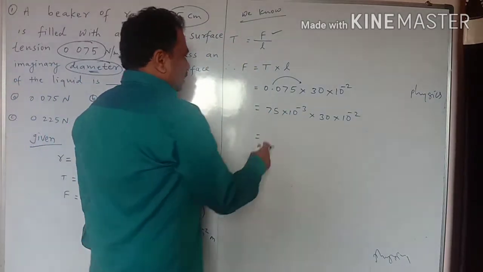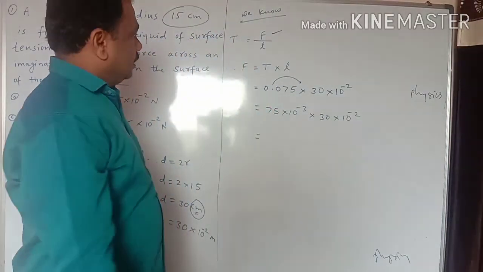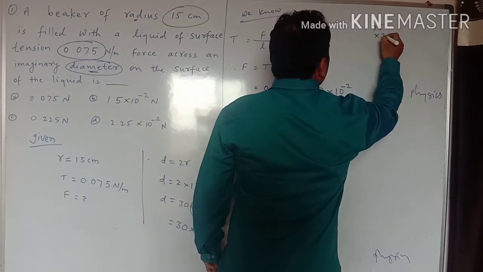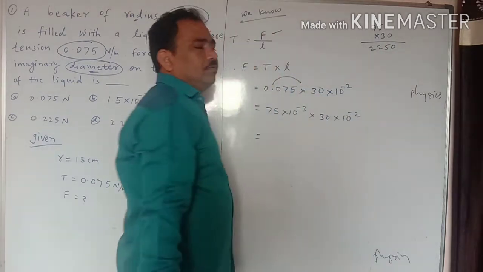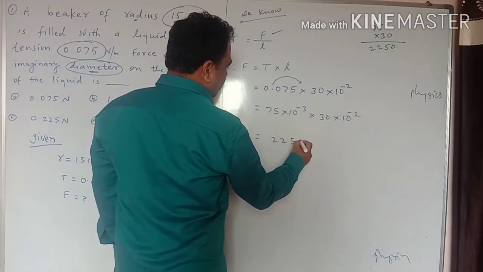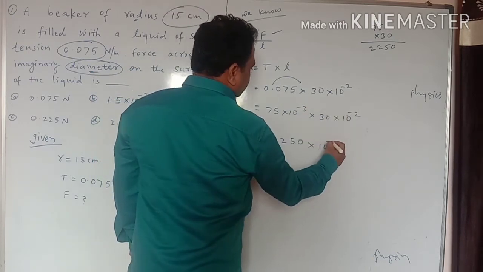Now 75 into 30 is 2250. So we put 2250 into 10 to the power minus 3 minus 2, which becomes minus 5.